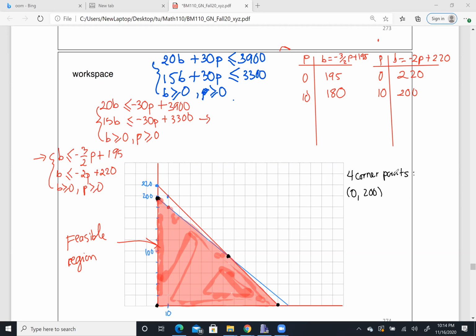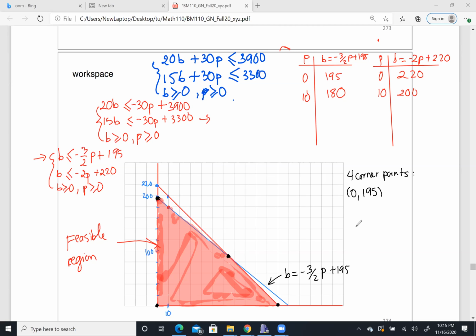Sorry, this should be 295. Yep, 295. Sorry, almost messed up with it. 195. Sorry, 195. This is 195. So 0, 195, because this is the first equation, b equals negative 3 halves p plus 195, right?